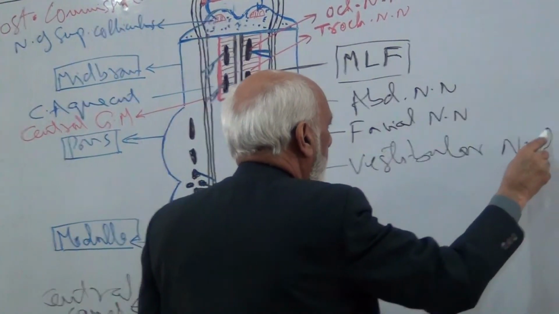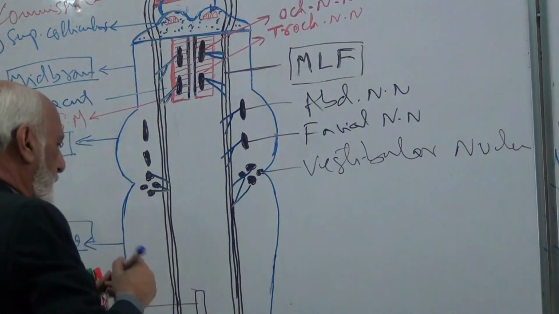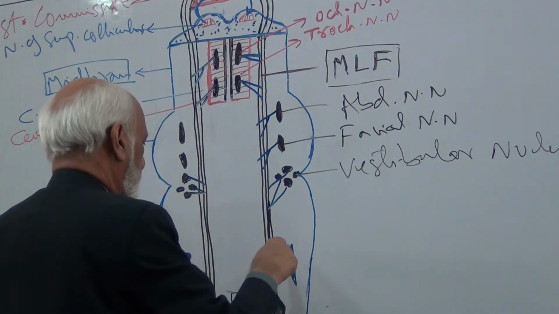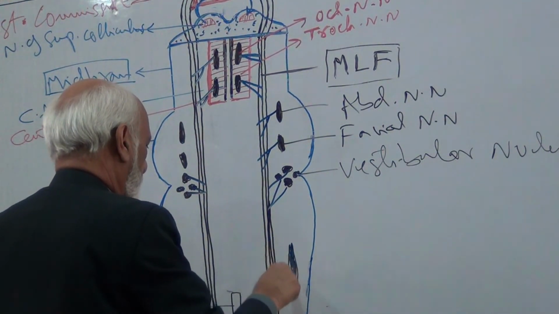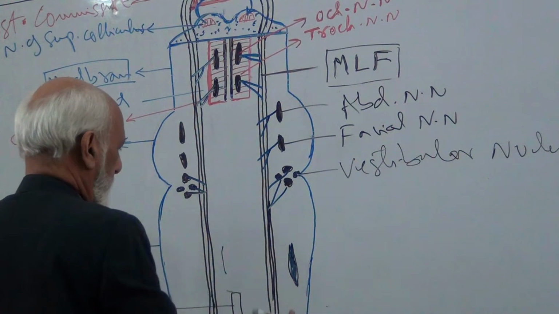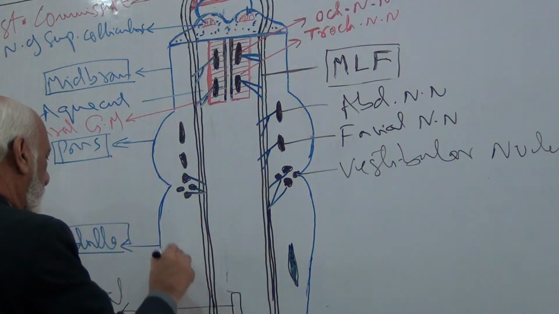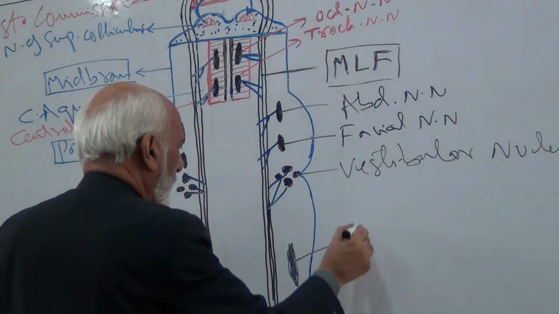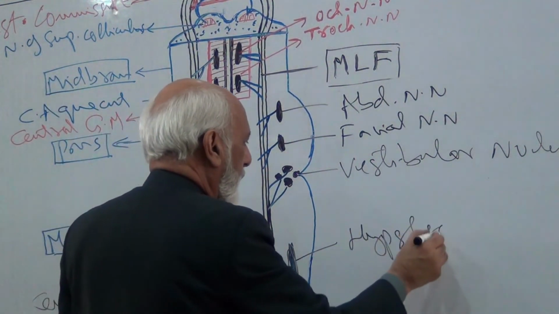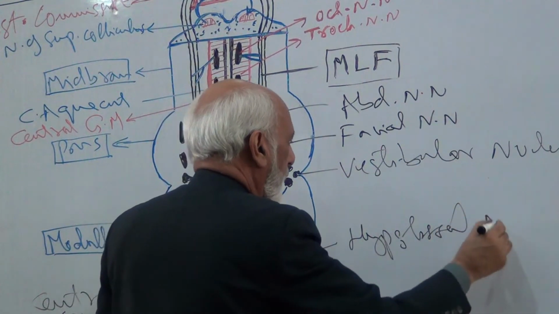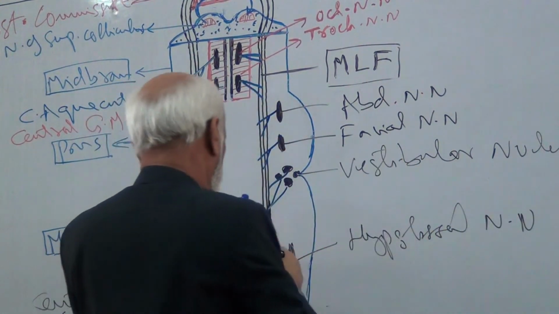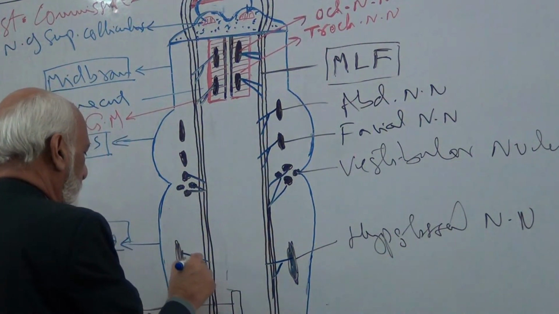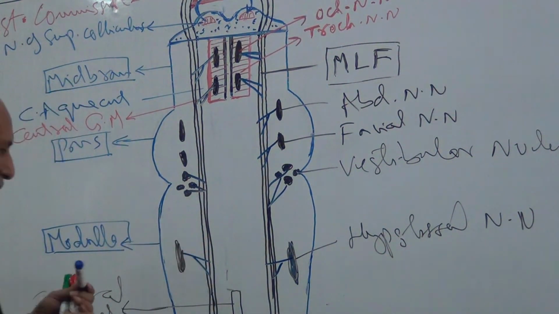Then in the medulla oblongata, the hypoglossal nerve nucleus, the 12th cranial nerve nucleus, on each side, contribute their fibers to the medial longitudinal fasciculus.